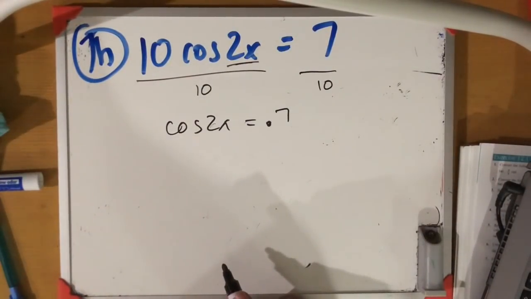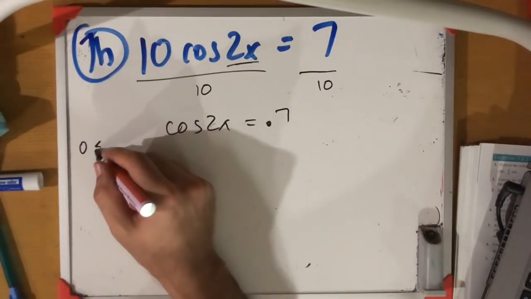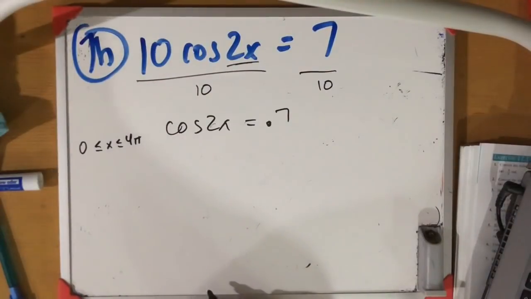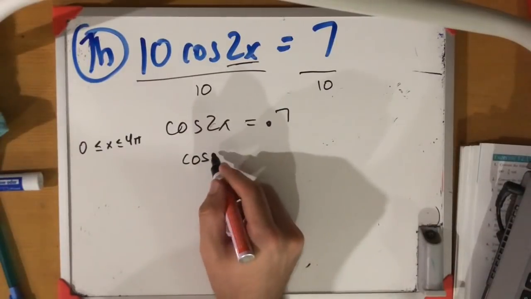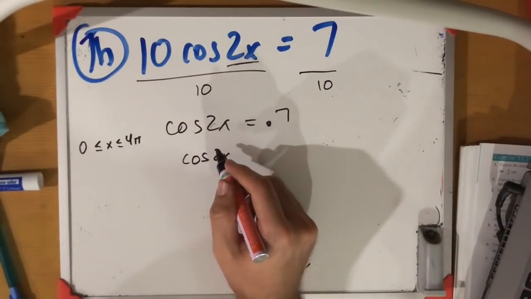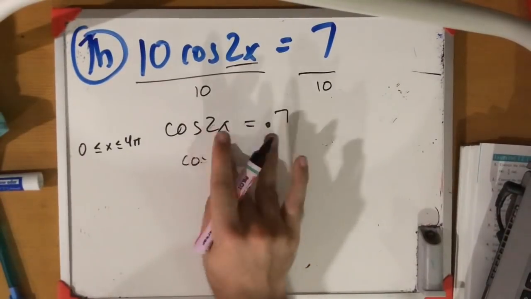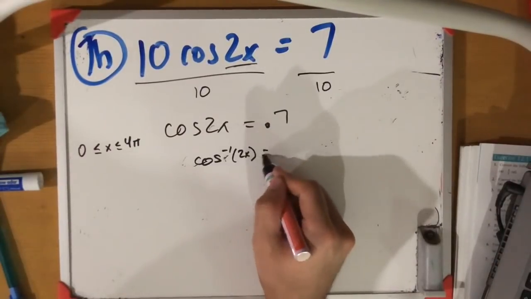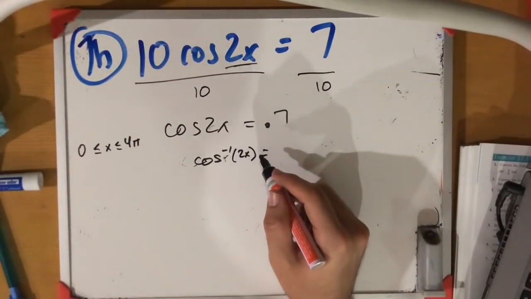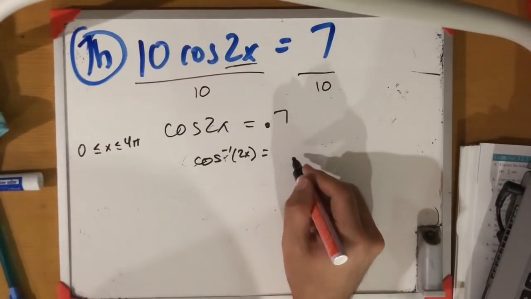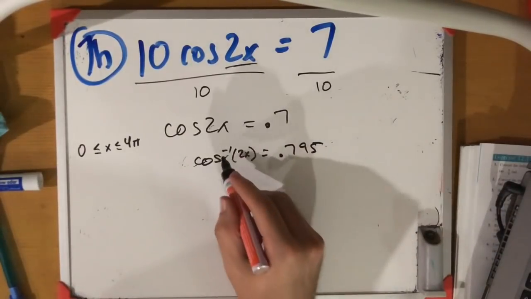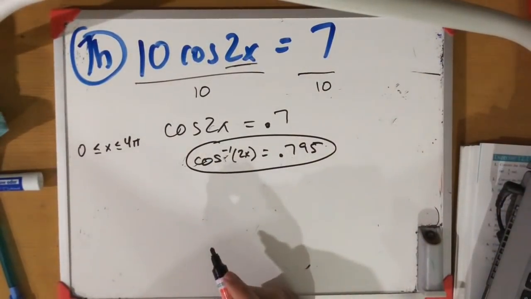So you're actually going from 0 to 4 pi, instead of 2 pi. We'll explain that through the graph. When you put this in your calculator, find out what cosine inverse of 0.7 is as far as its base angle for 2x. Its base angle ends up being 0.795. Now I know what its base angle is equivalent to.